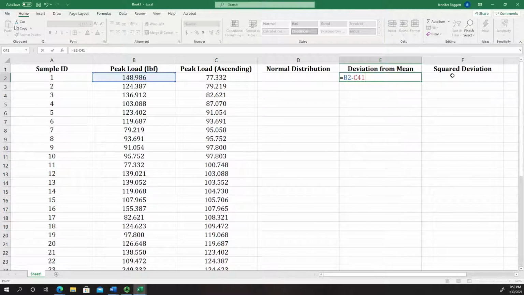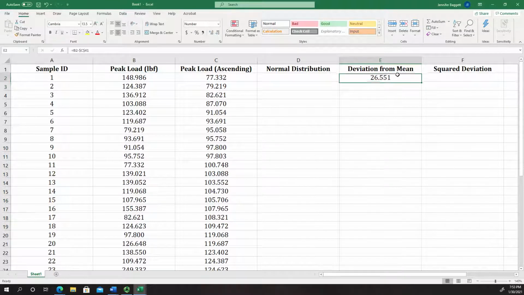So in order to get each of the values in our peak loads subtracted by the same average value, we need to essentially hold that average value for each of the values in this column. So in order to do that, we go in front of the letter for our average and put a $ sign, and the number in front of our average and put a $ sign. And that essentially just holds that value still. So we have a deviation from mean for our 148 pound load as about 26.551.